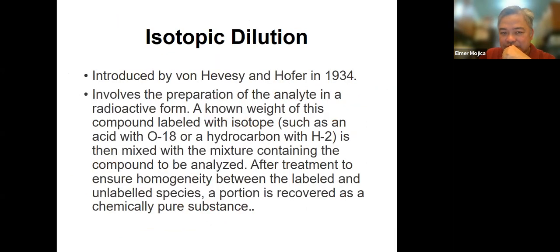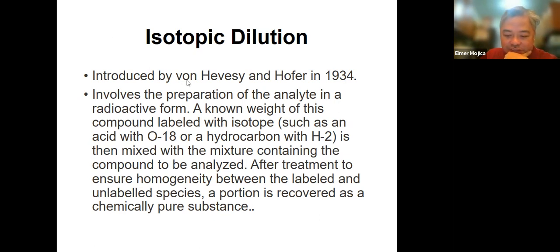Before we go with the other one, yung tinatawag na isotopic dilution. Okay. So this is a widely used quantitative analytical technique of considerable value in complex mixtures of compounds in organic synthesis, biochemical systems, and for the determination of inorganic elements in geological and biological samples.